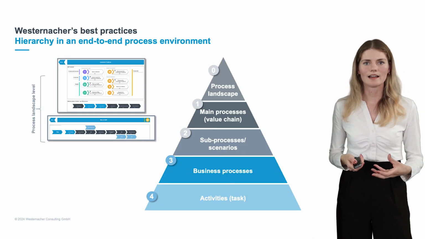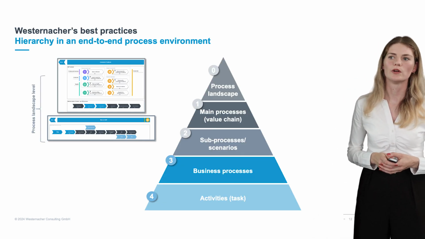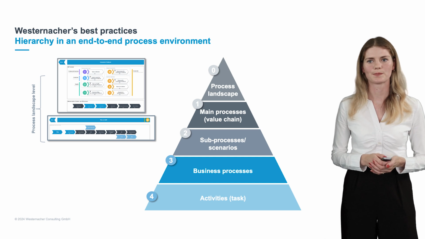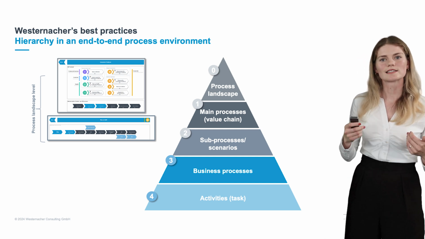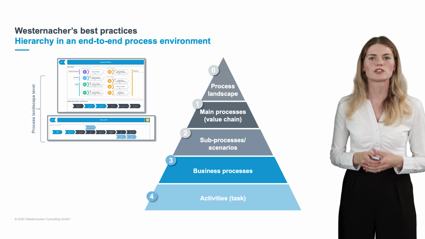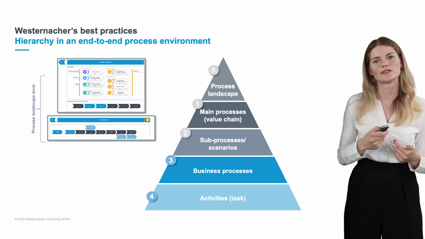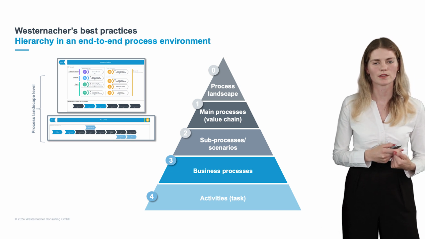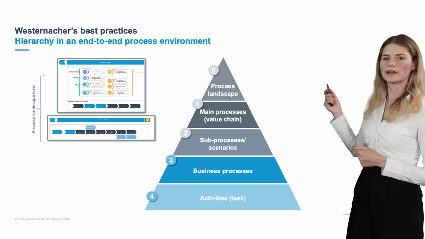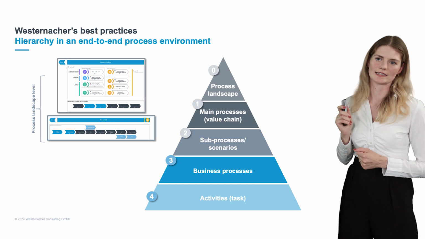We at Westernacher implemented SAP Signavio and we used a modeling hierarchy. The process hierarchy divides core business processes into lower-level processes, detailing specific tasks and activities. We can see over here, we have the process level landscape.